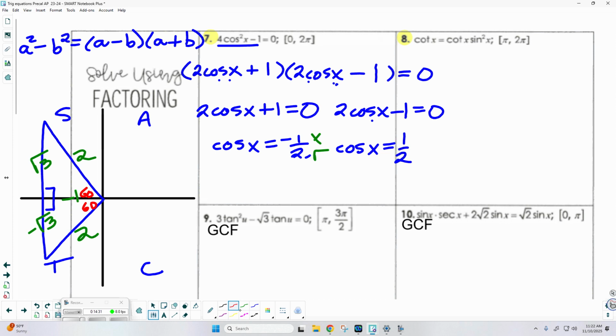Well, we've got my 2 triangles filled in. How do these give me my answers? Let's rotate. If I rotate to the first hypotenuse, I rotated 120 degrees. What is that as a radian? 2 pi over 3.